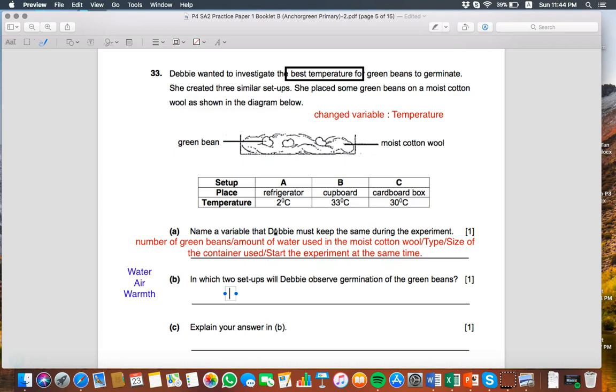The only difference is the warmth, which means the temperature of each setup that affects the growth or germination of the green beans. So in a refrigerator, it is very cold. Okay, there is no warmth. Okay, if there is no warmth, the seed will not germinate. However, in B and C, there is warmth. Okay, it is like room temperature. Okay, green beans can germinate. So the answer will be B and C.